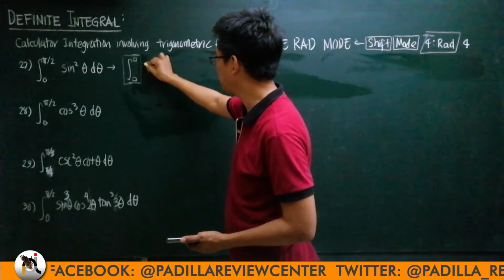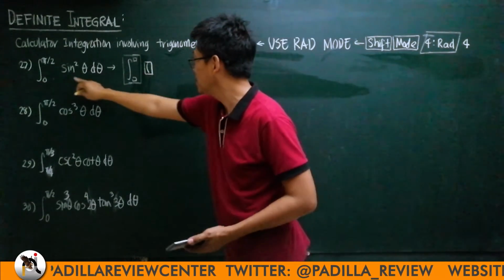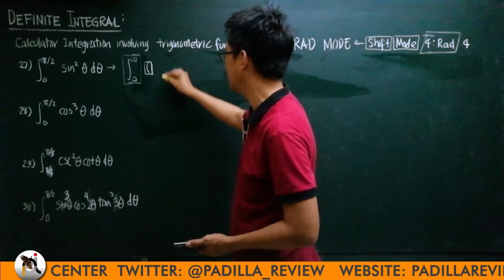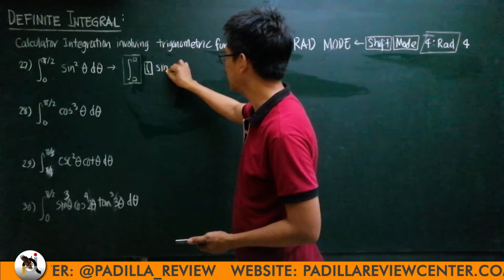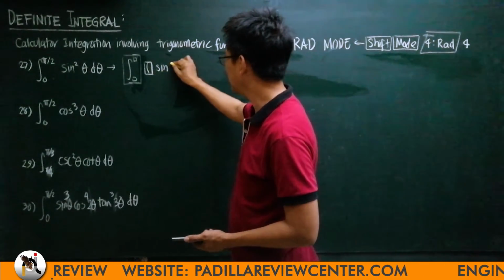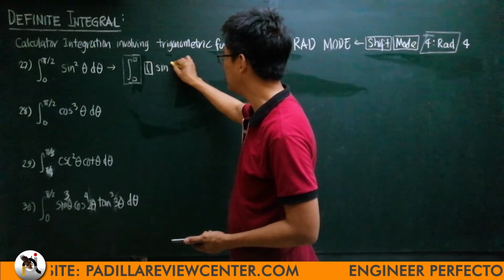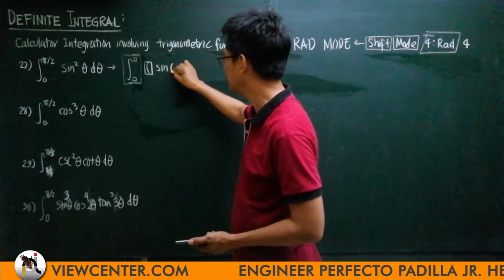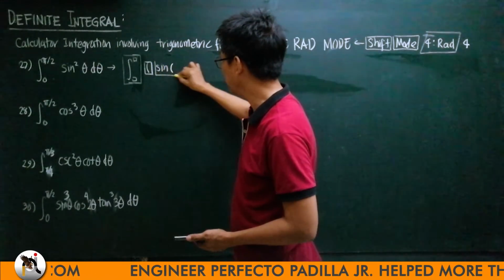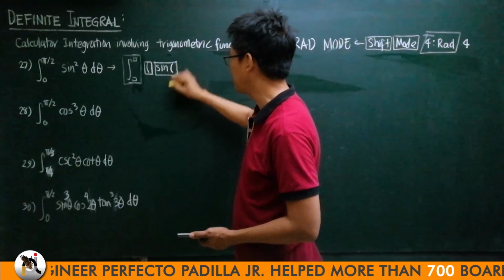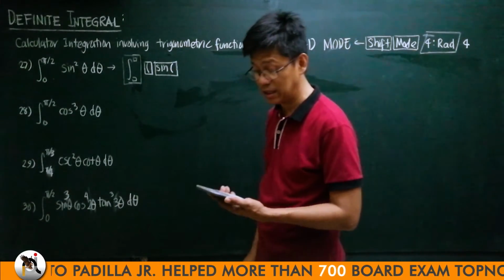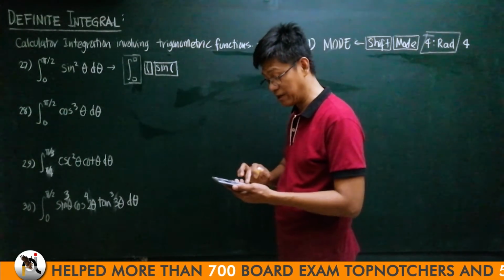So, open parenthesis to bring sine inside the parenthesis. Then press the sine key. The sine key comes with a built-in open parenthesis. So I repeat, you don't need to put an open parenthesis. It is built into your calculator, right?